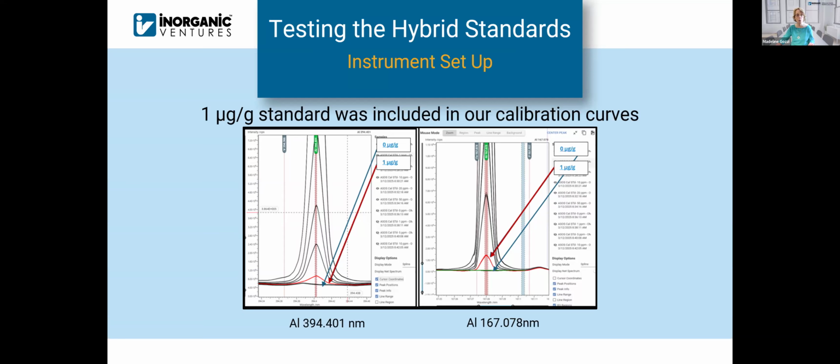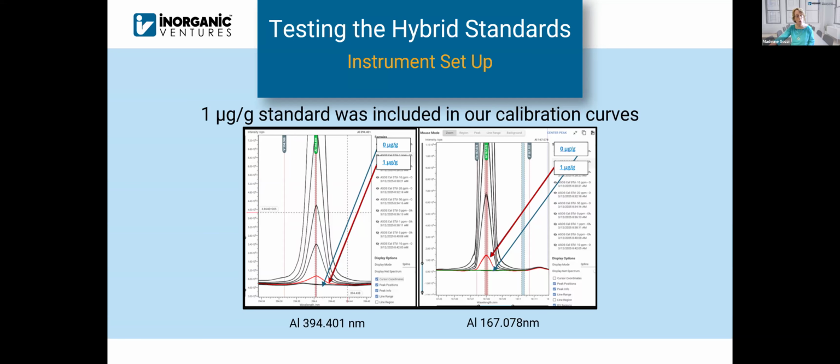So we wanted to have more confidence in our results at that low level. By adding the 1 ppm standard, you can see from the slides, and this is just one example, these are 2 aluminum lines. You can see clearly that the blank standard, which has the blue arrow pointing to it, is cleanly different from the 1 ppm standard.